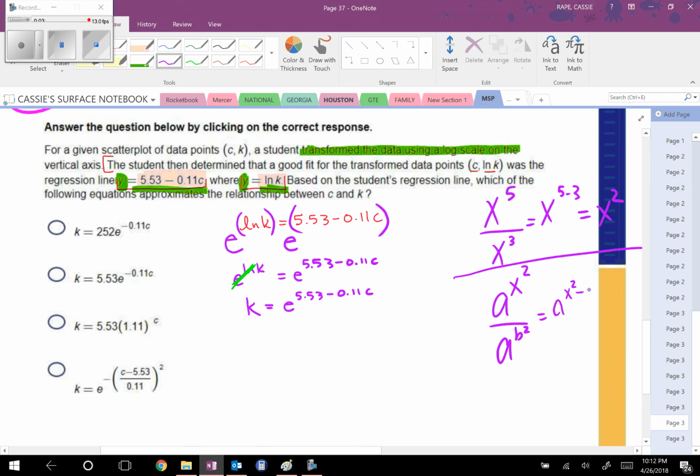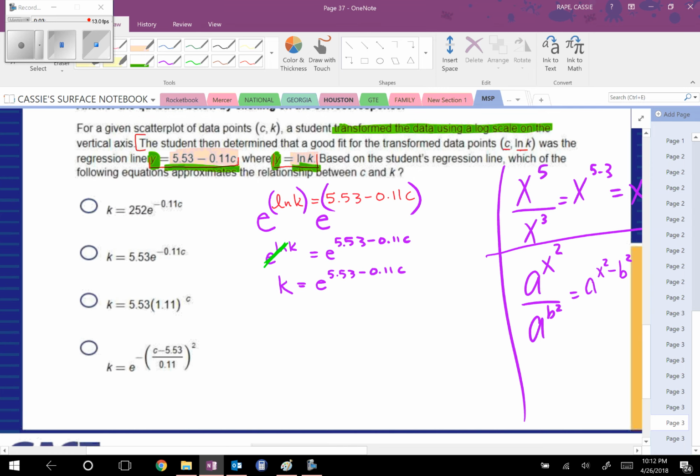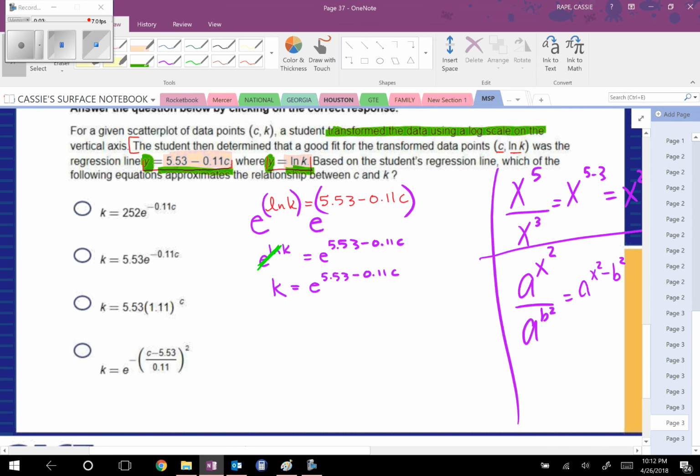Okay, now those were just asides so that you understand where I'm coming from here, because I have a base to a subtracted exponent very similar to this, which means I can move it backwards and write e to the 5.53 minus 0.11 c.